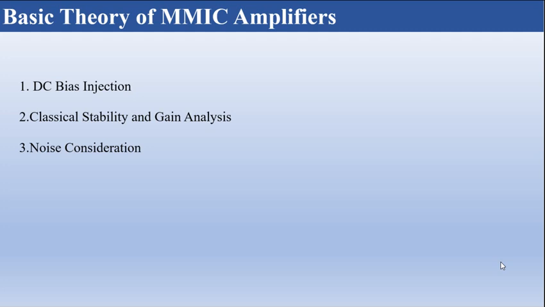Firstly is the basic theory of the MMIC amplifier, including description of the DC bias injection, classification, stability, and gain analysis, and different types of noise, such as thermal noise, shot noise, flicker, and popcorn noise.